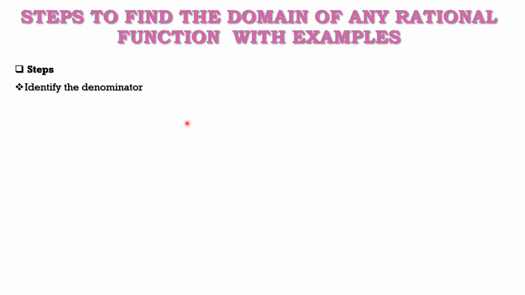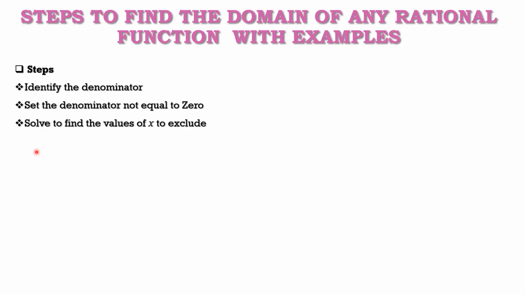That is the most important thing, because it's the denominator that will give us headache. The second step is, after identifying the denominator, we should set the denominator not equal to 0. After doing that, we should solve to find the values of x to be excluded from the function, that will make the denominator go to 0.